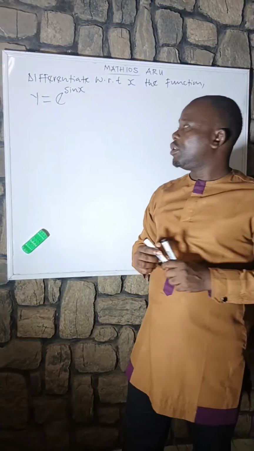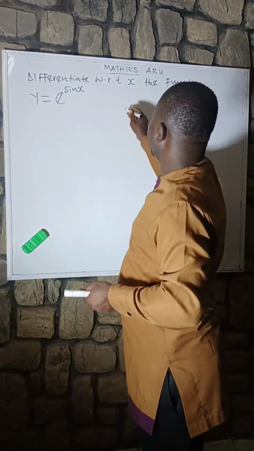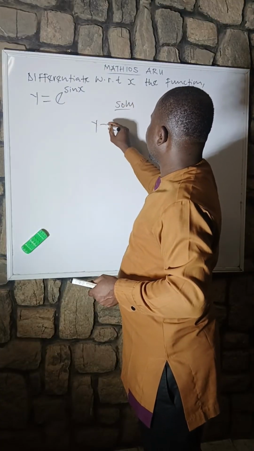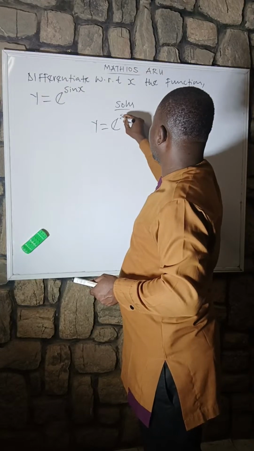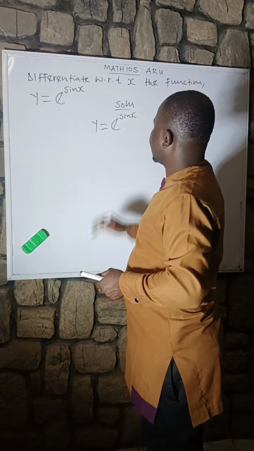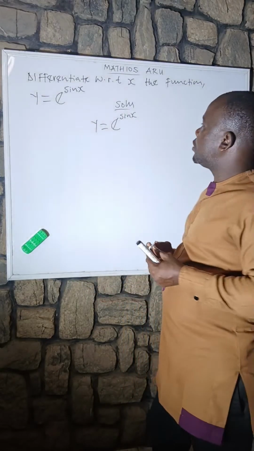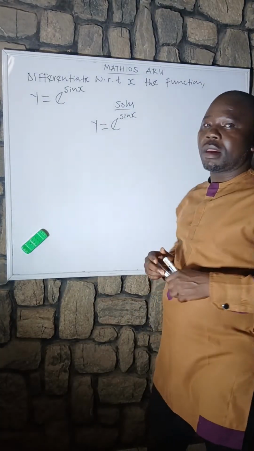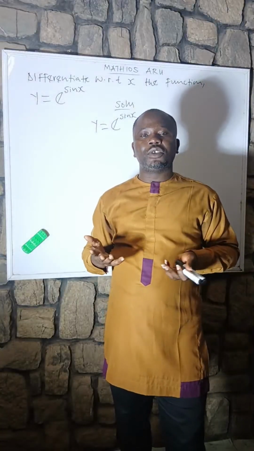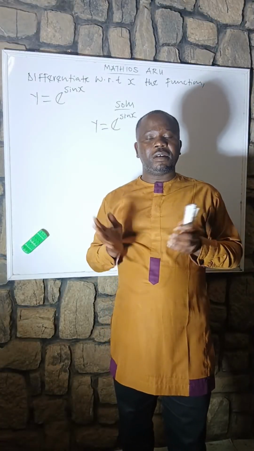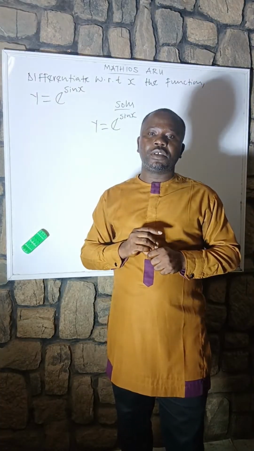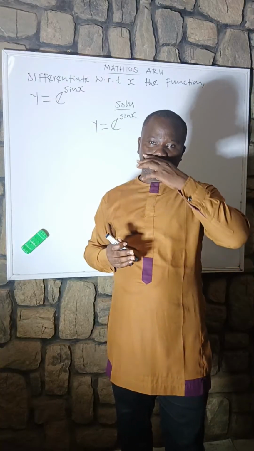It's simple. So what we need to do, we write solution. So our y is equal to exponential sine x, right? How do we differentiate this function? One, you can use substitution. The other one, you can use direct approach, for the sake of time.